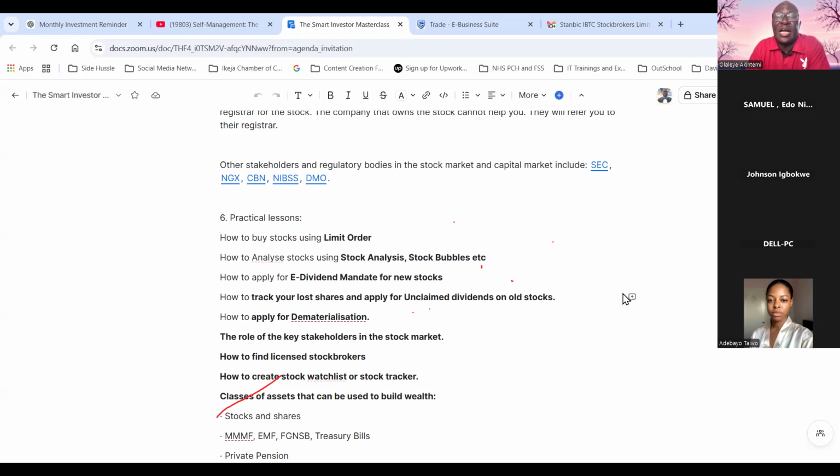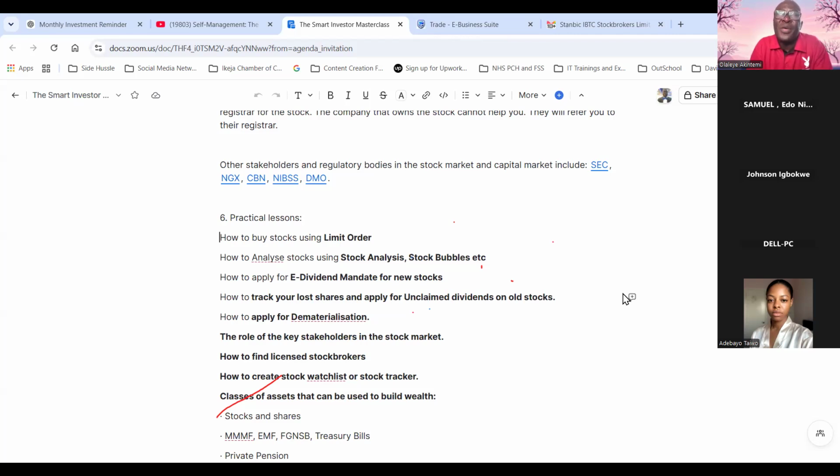Before I started using Stock Analysis, and I've told this story before, I had always heard that it is good to have a stock tracker. A stock tracker is a tool that shows you a bigger picture of your portfolio. I'm going to show you my stocks live in Stock Analysis.